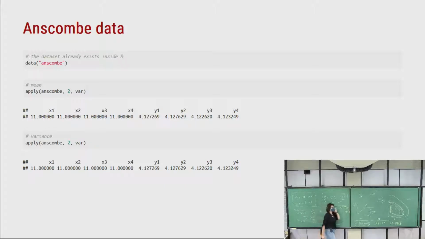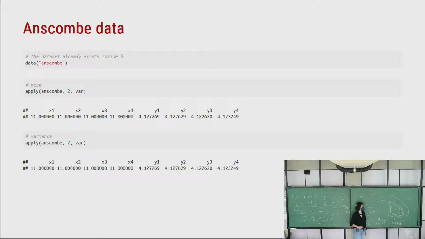Okay? The data exists in R. It's in R base. And when a data set exists in R, we can load the data set to our environment using the function data. So we are using data, Anscombe, and then the Anscombe data is in our workspace.